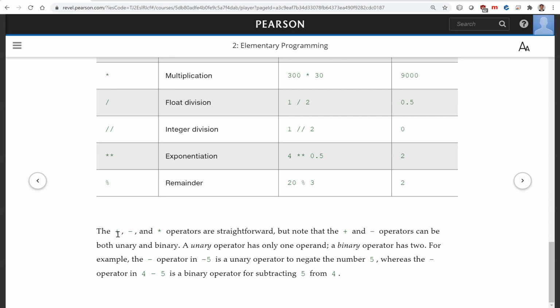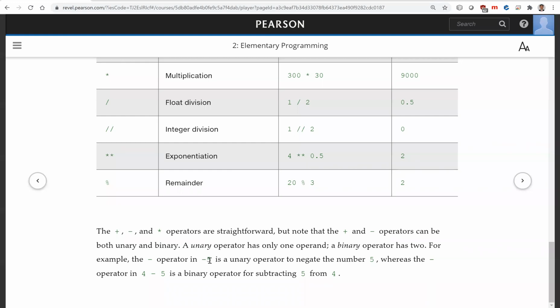The addition, subtraction, multiplication are straightforward. But also please note that these are binary operators, so you have 2 operands. But you actually can also use plus and negative operators as unary operators.